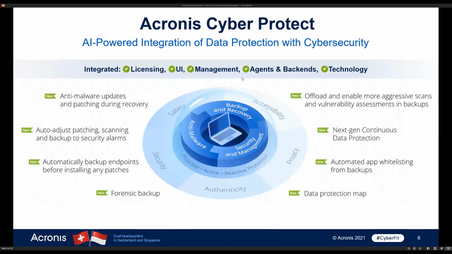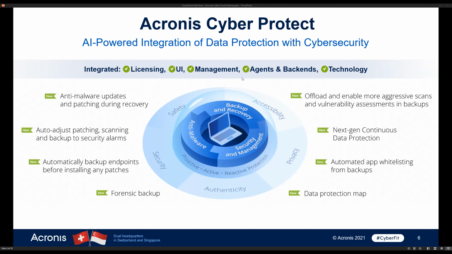And this is where Acronis Cyberprotect comes in. It's a true AI-powered integration of data protection with cybersecurity, with a proactive, active, and reactive solution, which integrates all the various aspects of cyber protection into a single tool set. So we have things like vulnerability assessment with the ability to patch systems. We have the full anti-ransomware and anti-malware protection that integrates with our backups to scan backups in the cloud to ensure that they are protected from, not just protected from malware, but also the data inside does not contain any malware.